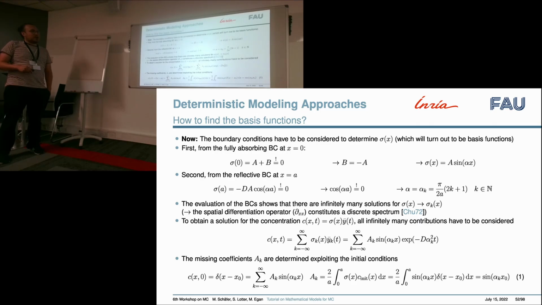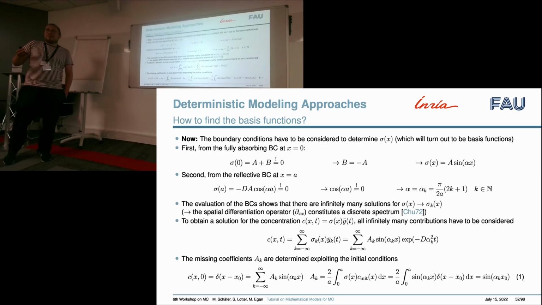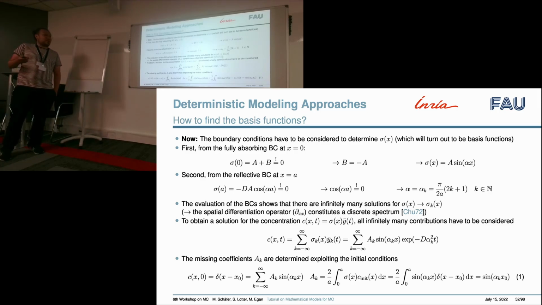We index them by k, and here we have our solution for the concentration with the sine and the exponential function, and now we also know the alpha. But we still need the A of k. This is the point where the initial condition comes into play. The missing coefficients are determined by the initial conditions, and they turn out to be the expansion coefficients coming from the Fourier sine transformation.